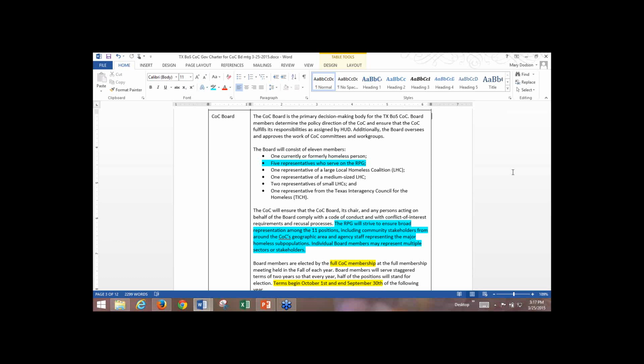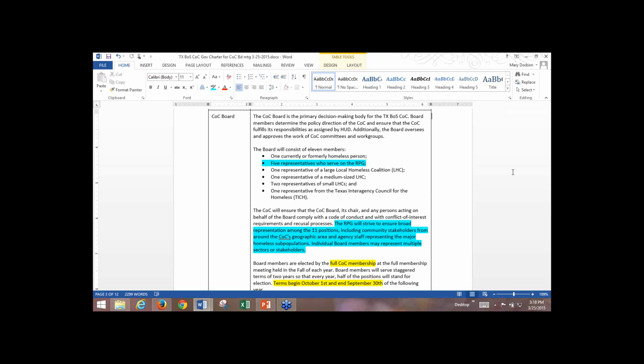What we envision happening between now and the October elections is that we on staff would propose for public comment and board vote a definition of what is a coalition, so that the local communities can know whether their planning group meets the definition of coalition for the purposes of having a representative to the COC.